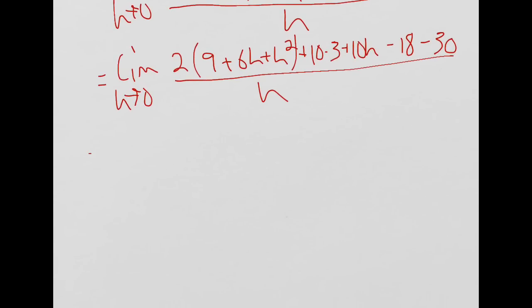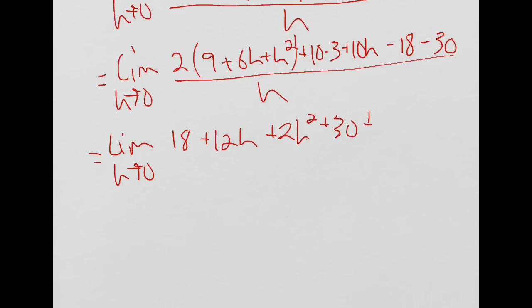So, this is equal to the limit as h approaches 0 of 2 times 9 is 18 plus 12h, plus some distributing, that was the 12h, plus 2h squared, plus 30, plus 10h, minus 18, minus 30, all over h.